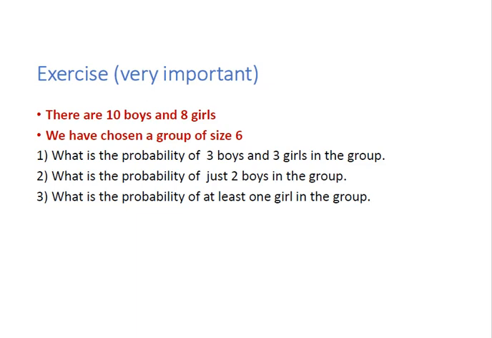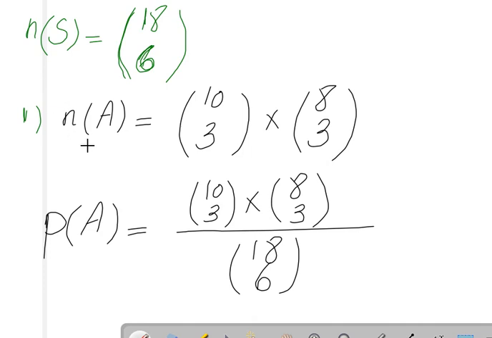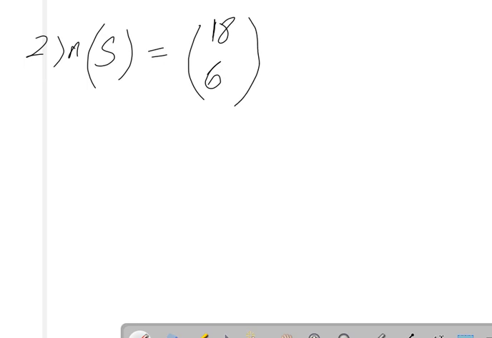Okay, so again, for number 2, NS is selecting 6 people from 18, and now 2 boys in the group.